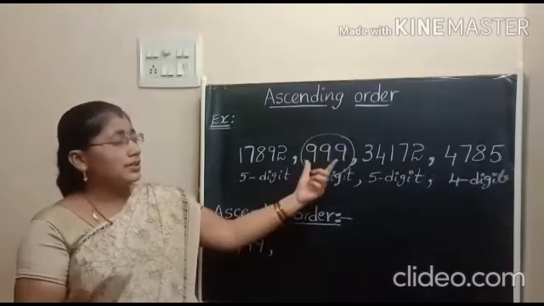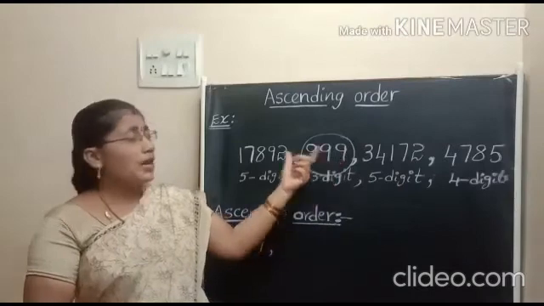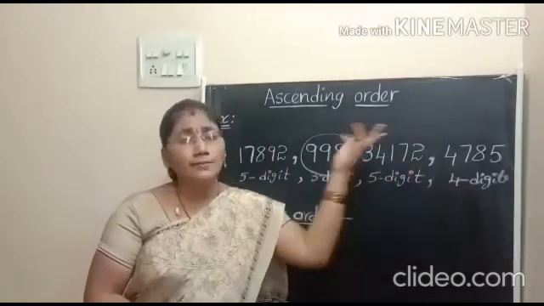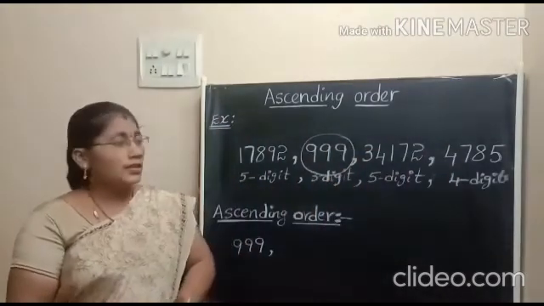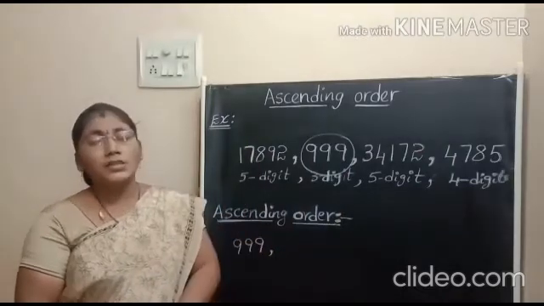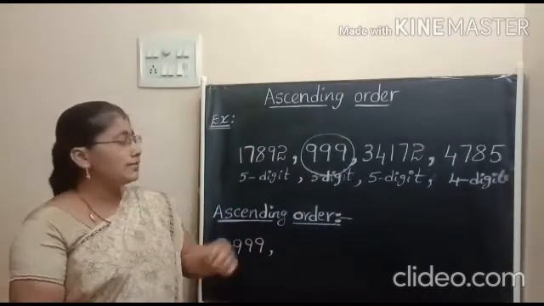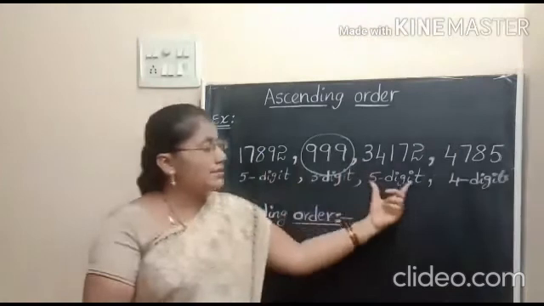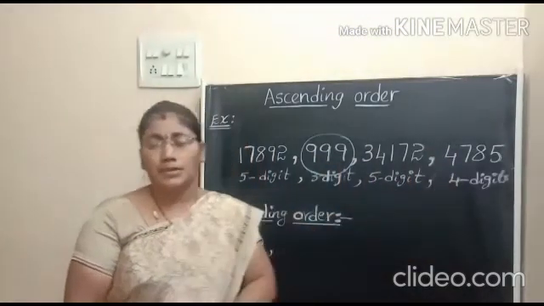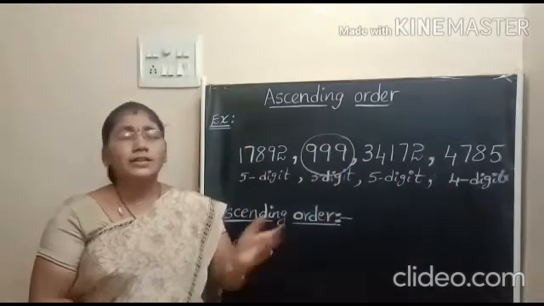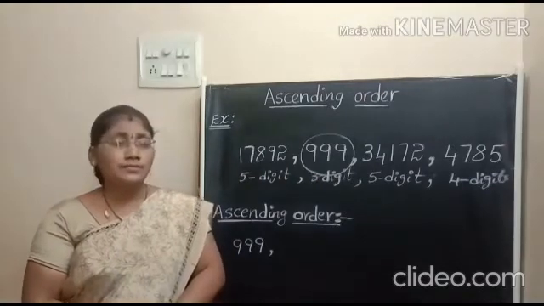After arranging this number, how many numbers here we have to compare? Only 3 numbers: a 5-digit number, a 5-digit number and a 4-digit number. Which is the smallest one?